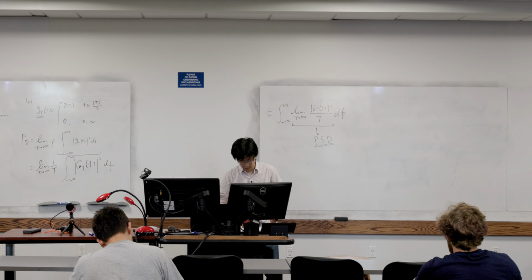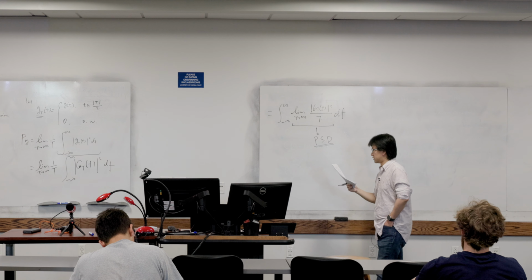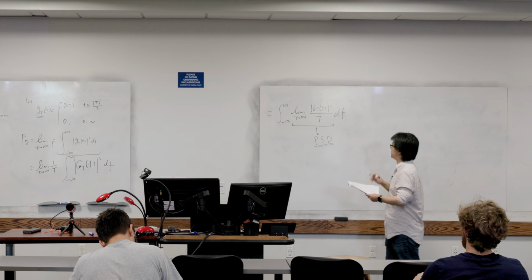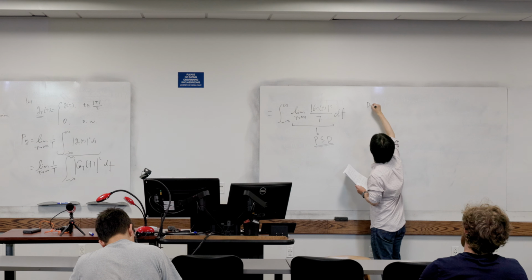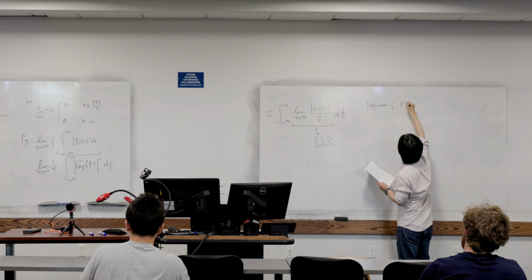The idea is the same as when we derived the energy spectral density: something inside the integral. So this is called the power spectral density. Let's make it official with a definition.